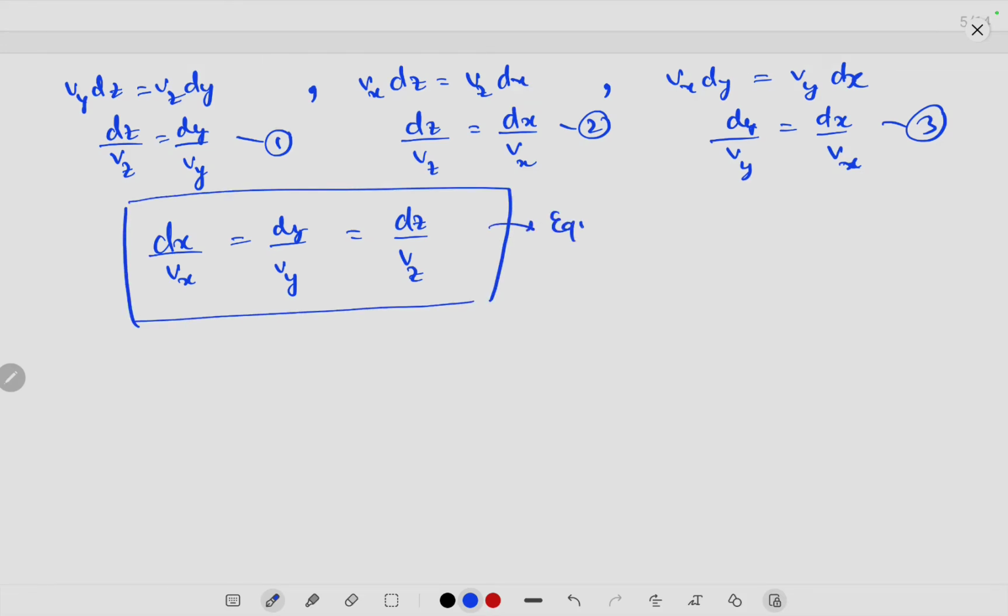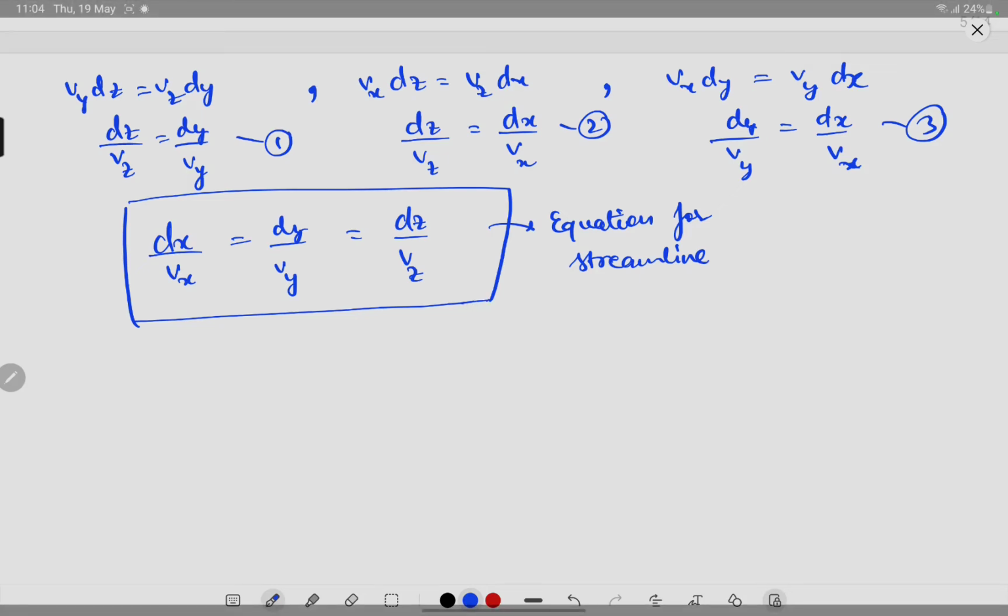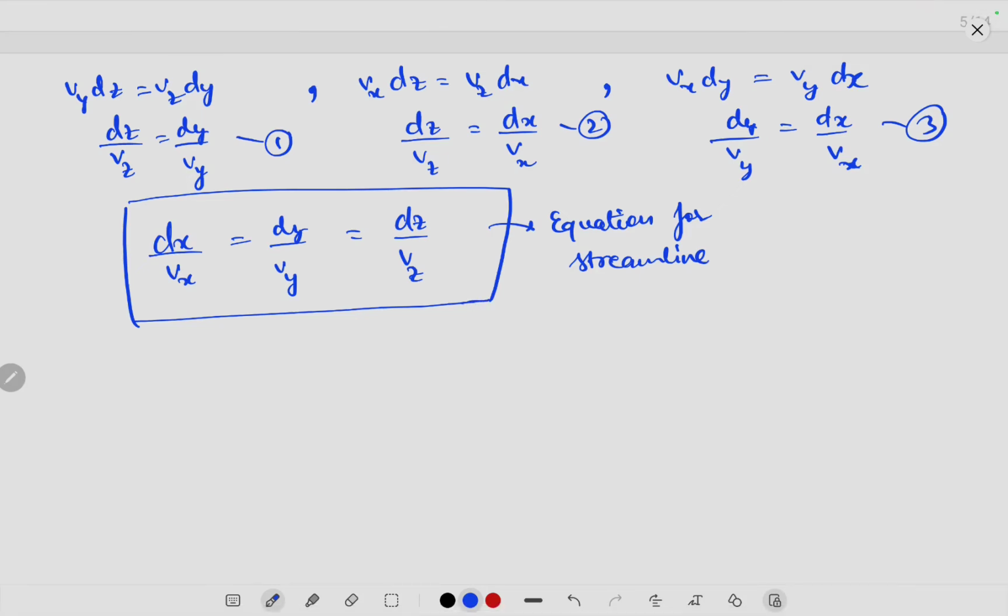This is the equation for a streamline. So if a v vector is given to you in the question and you want to draw streamlines, we can use just this equation to get the function which corresponds to the streamlines.